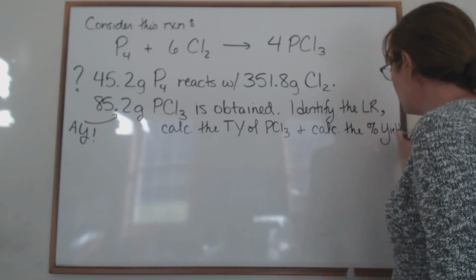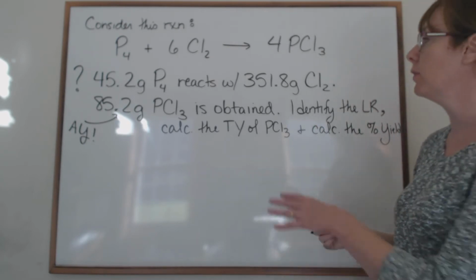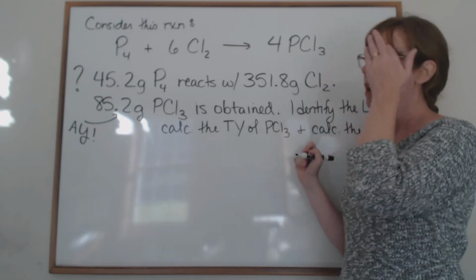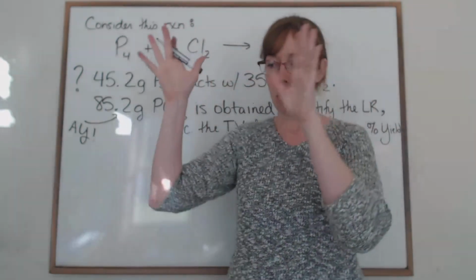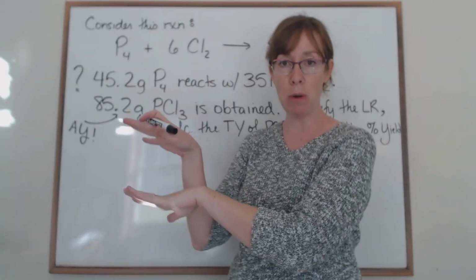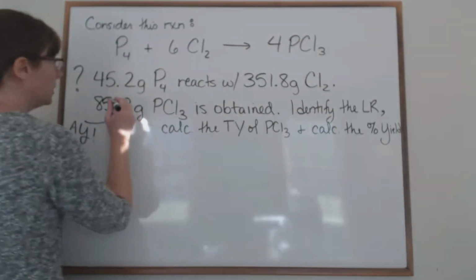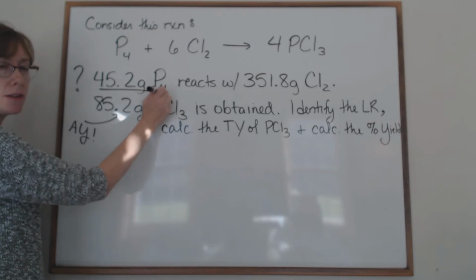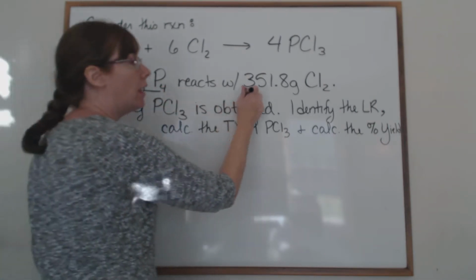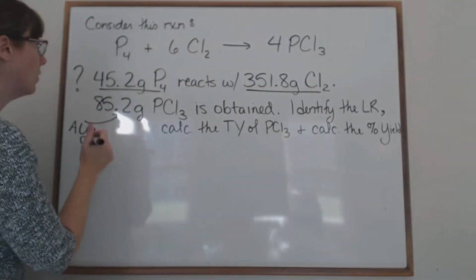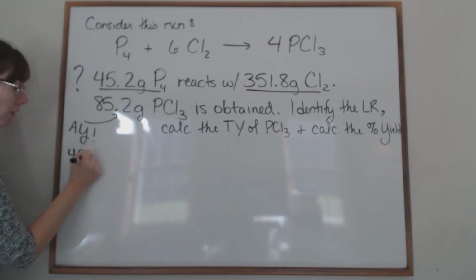All right, so anytime that I am solving a limiting reactant question, I just go straight to run 2 tests, figure out which one makes the least amount of product. So here are your 2 starting amounts. I've got the amount of P4 and I've got the amount of Cl2. So let's go ahead and run our 2 tests.